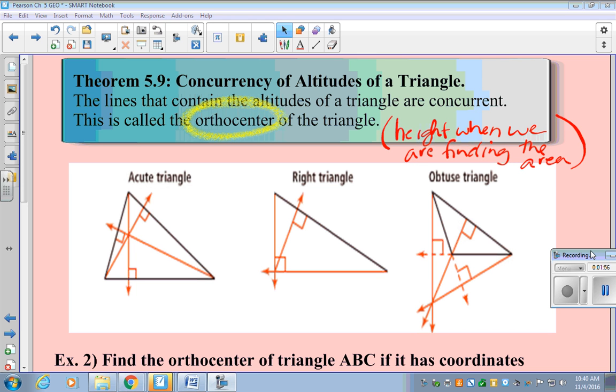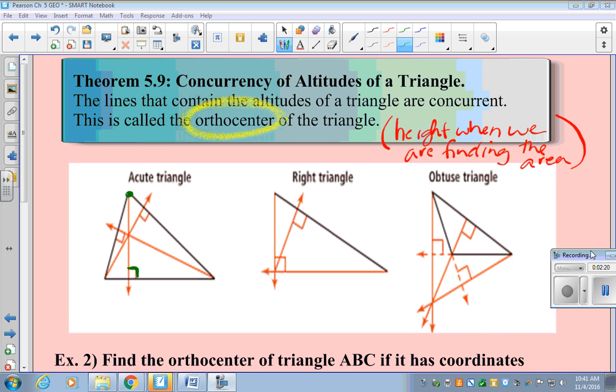It is technically considered the height of the triangle. So it goes from the vertex and is perpendicular to the opposite base. That is the altitude of a triangle.